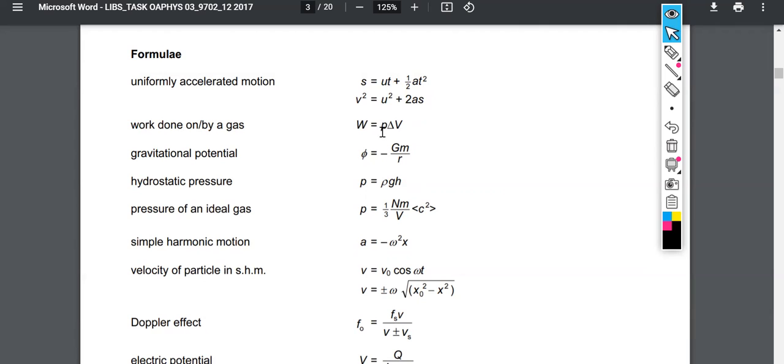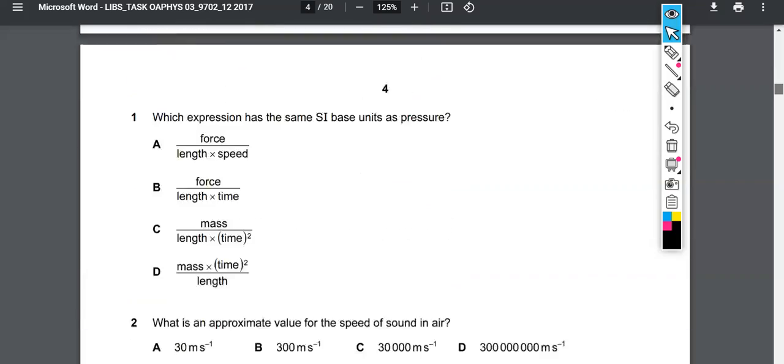And there it is right there. Work equals pressure times delta V. Now they don't define those variables for you. So you have to know this P is pressure, and this delta V is change in volume, because V also stands for velocity, like this V here is velocity, and P could be power or pressure. So work is pressure times the change in volume.